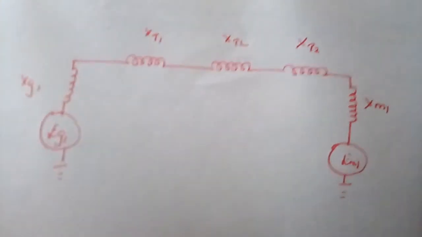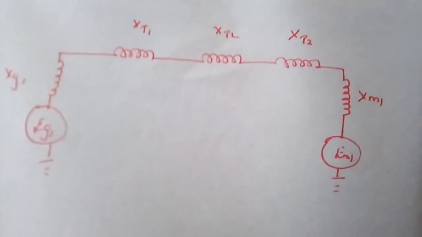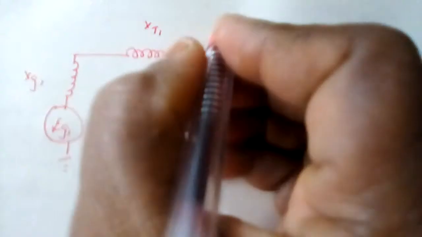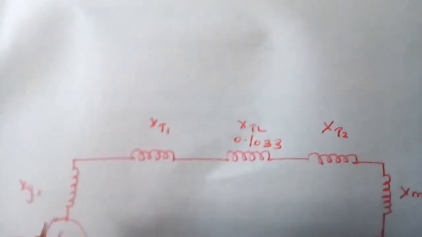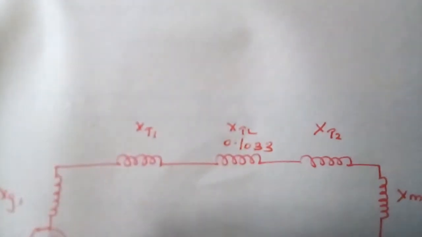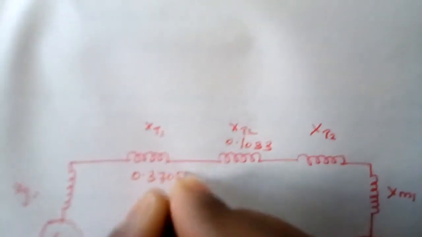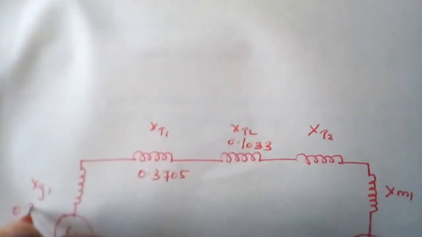And the values for transformers T1 and T2 are substituted thereafter. For the transmission line, I get the value 0.1033, for transformer T1 it is 0.3705, and for the generator 0.287.